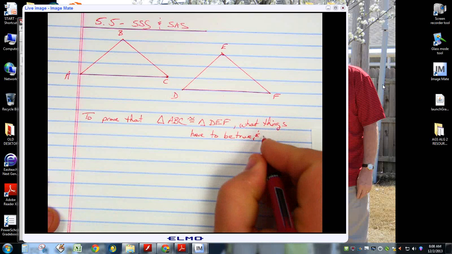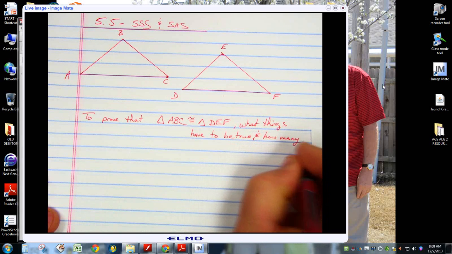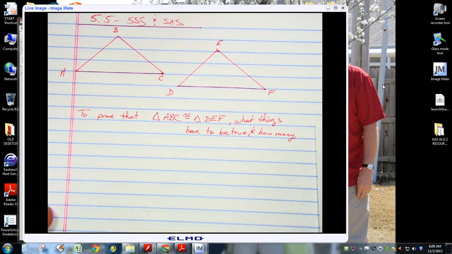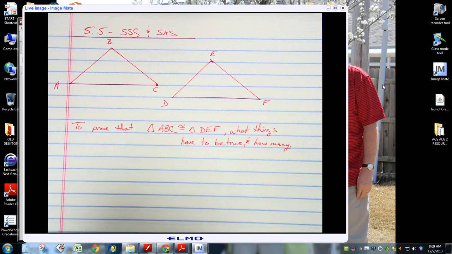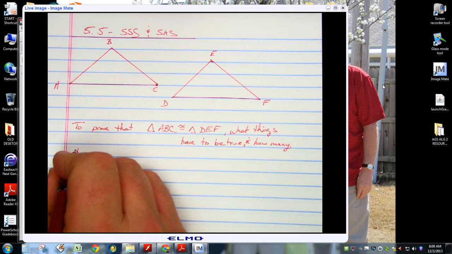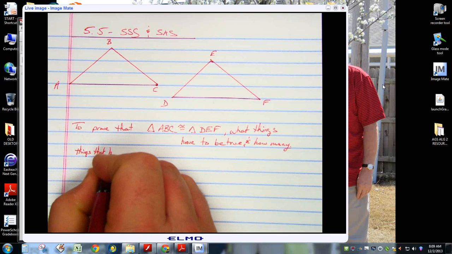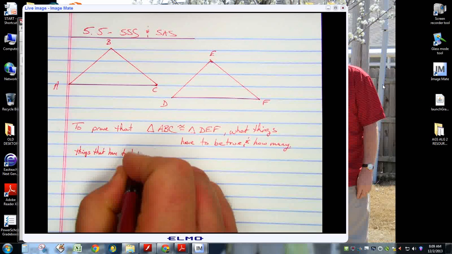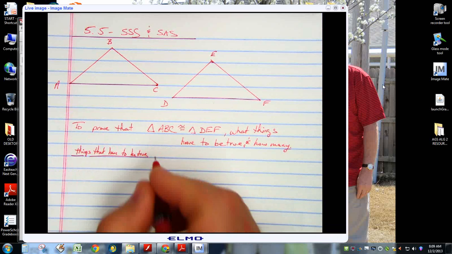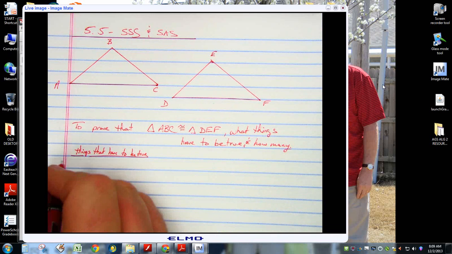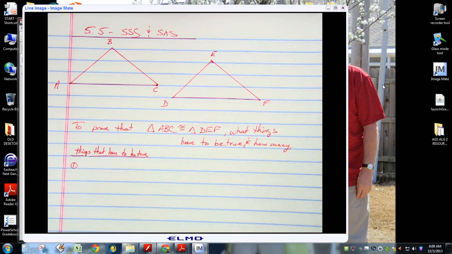We'll say, and how many? Somebody tell me one statement that has to be true for those two triangles to be congruent.